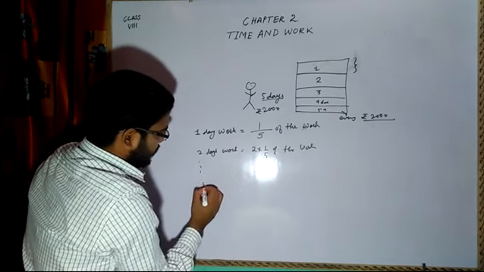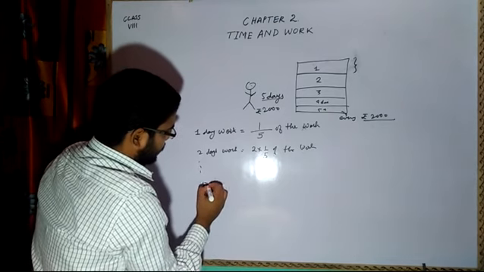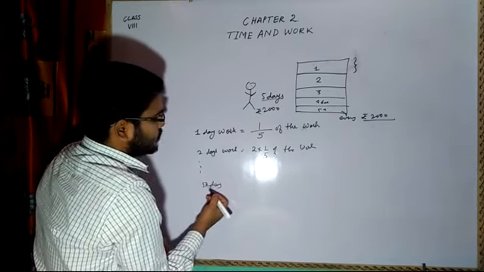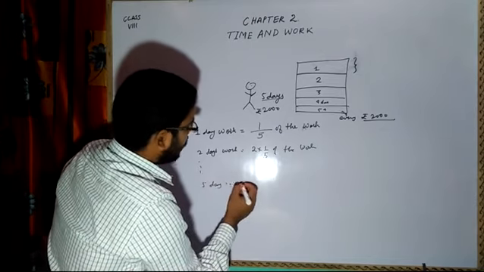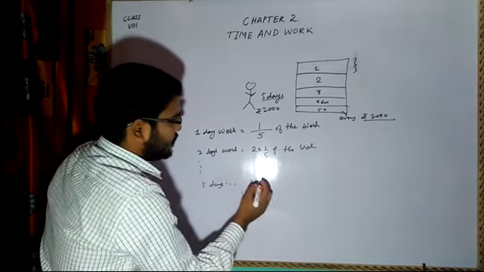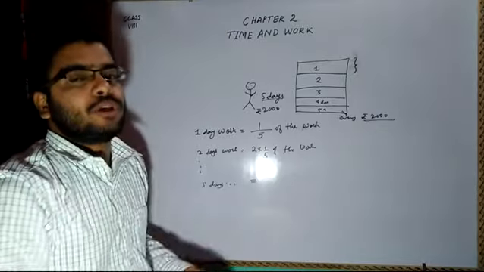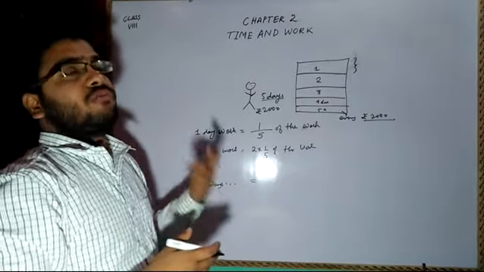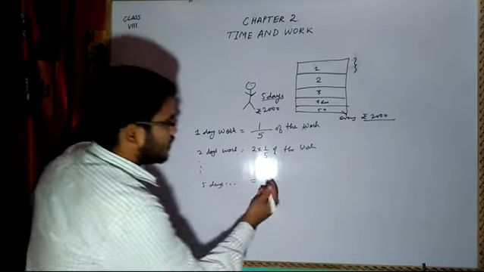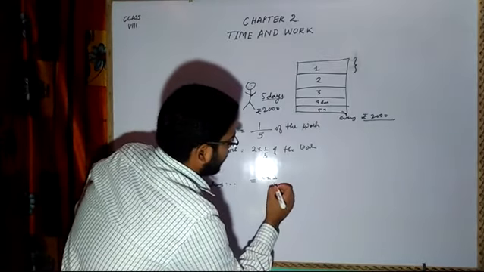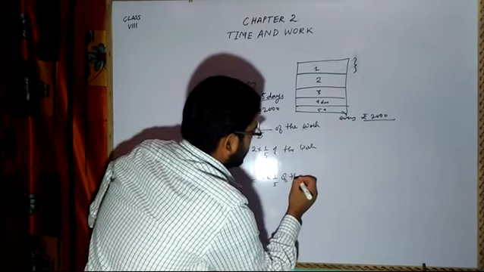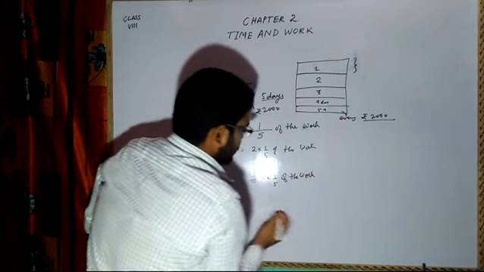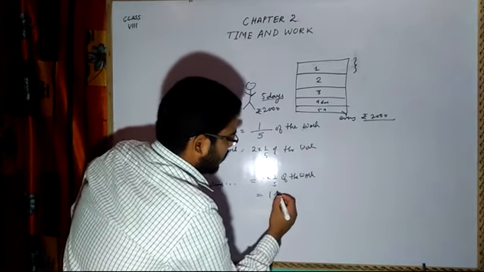Fifth day's work will also be equal to 1/5 only. Same amount of work he is doing each day, 1/5. Now, 5 days' work will be equal to 5 into 1/5 of the work. The 5s cancel. So 1 of the work is finished.